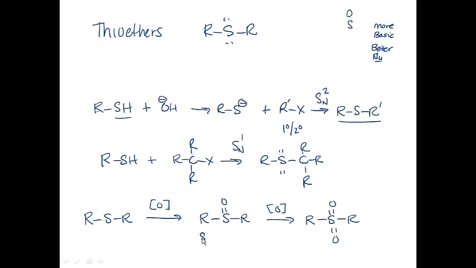This is called a sulfoxide. Two methyls here is dimethyl sulfoxide, which is DMSO, which is a commonly used solvent. This is called a sulfone, I believe.